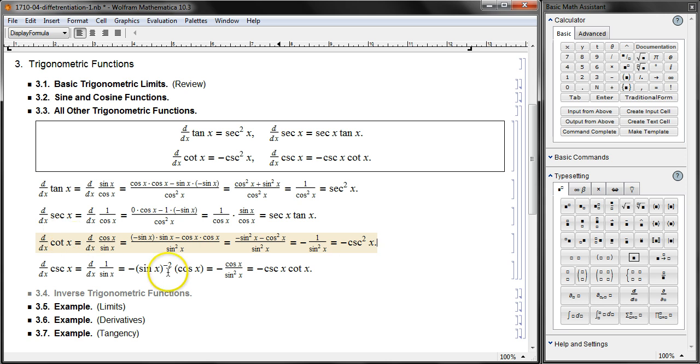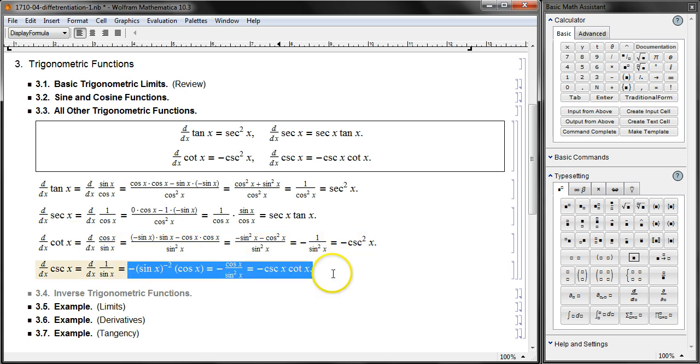The final formula here, again, I used the chain rule here, so let's redo this using the quotient rule. Denominator squared, and then we have u prime v and u v prime.